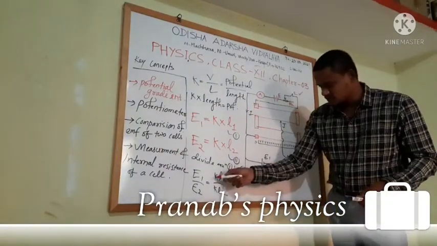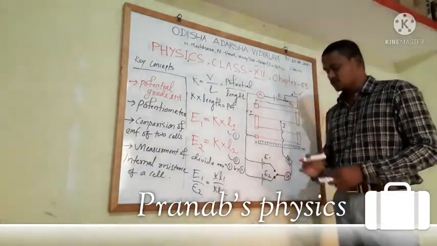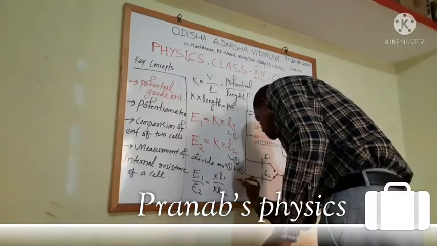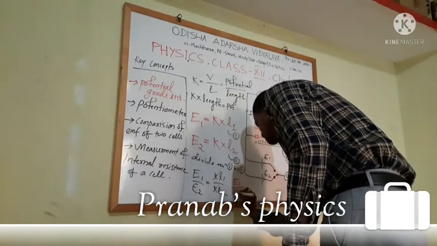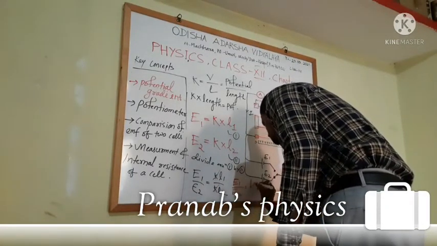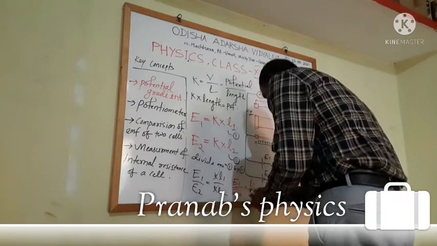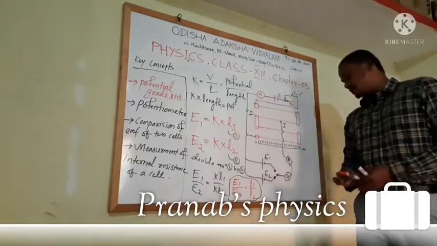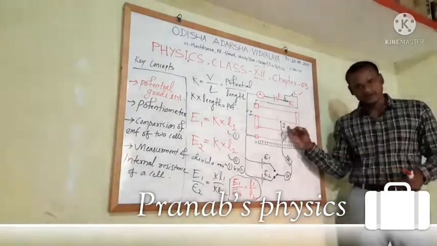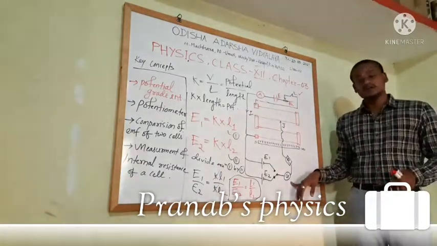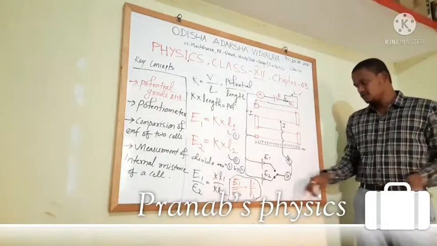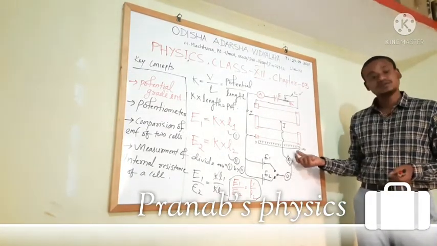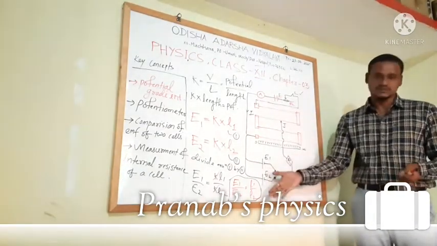So this potential gradient K cancels out. Finally, the EMF of the first battery by the EMF of the second battery is equal to length 1 by length 2. In this way you can compare the EMF of two batteries at the balance point where the galvanometer current becomes 0.